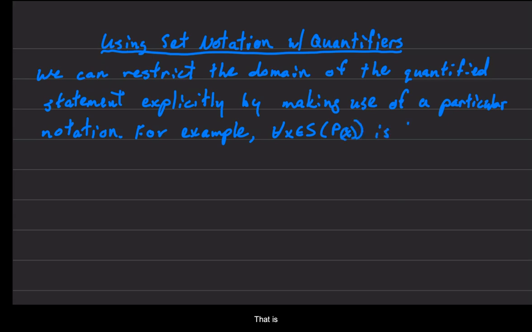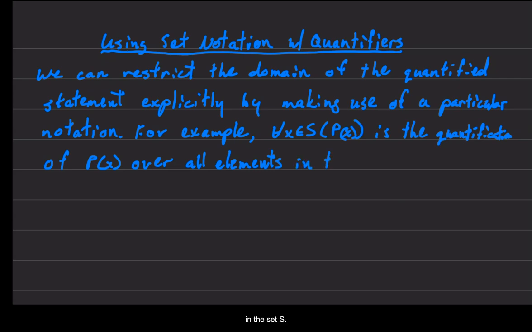And that is the quantification of P of x over all elements in the set S.